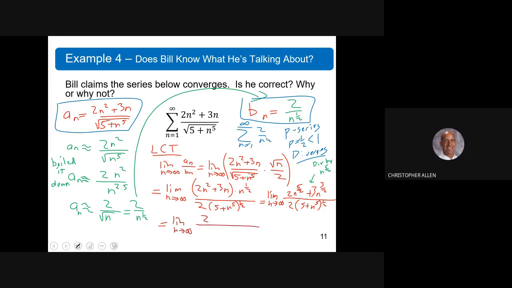The second term is going to give me 3 over n, since I have to subtract: 3 over 2 minus 5 over 2 is negative 2 over 2. And then when you play the same game on the bottom, you're going to get 2 times the quantity 5 over n squared plus 1, all of that raised to the 1/2.